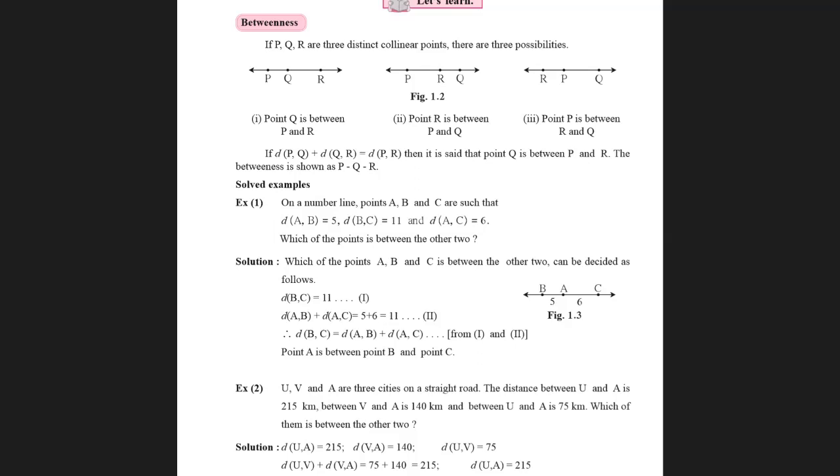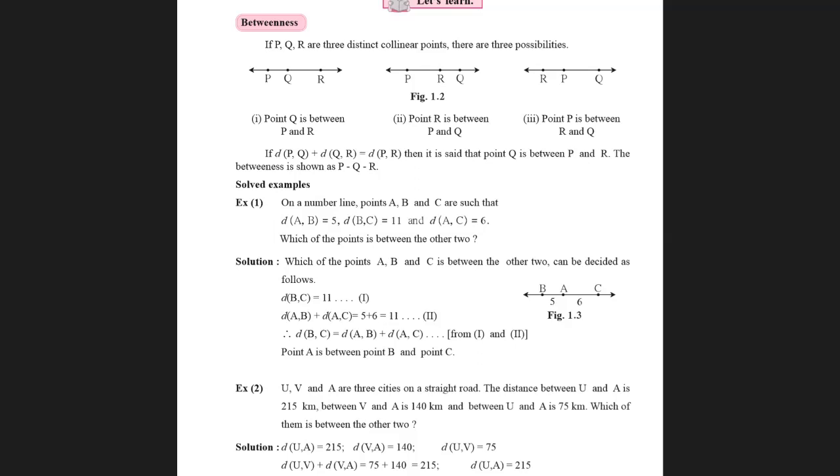Now what this means is, when I look at the first figure, I know that distance of PQ plus the distance of QR, what must I get? I must get it is equal to the distance of PR. Now if I look at both these distances carefully, do you find that the point Q, the coordinate Q, gets repeated?